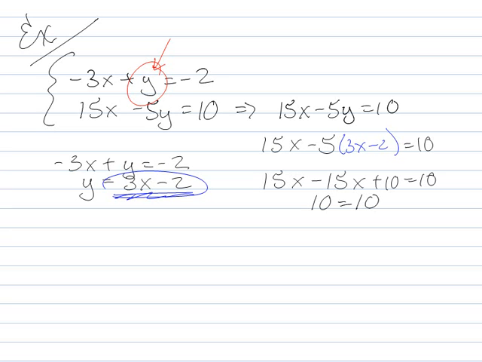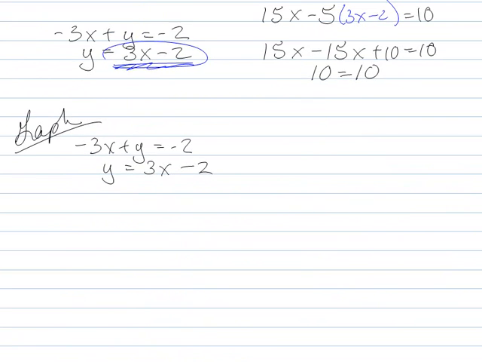So let's take a look. So let's actually graph this and see what's going on. So the first one, it's 3x minus 2.